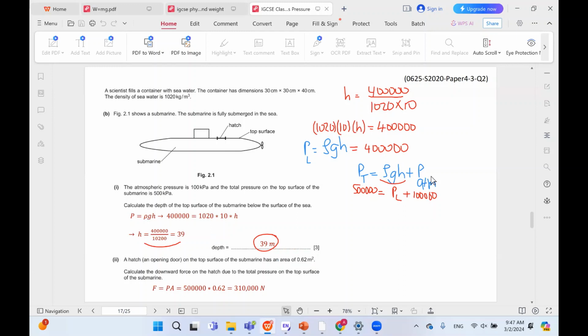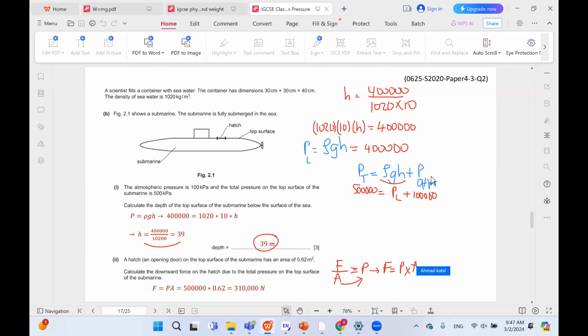In part double I, we are told a hatch on the top surface has an area of 0.62. Calculate the downward force. Of course, we can simply use F over A equals P. We can take the A to the other side. We can say F equals P times A, pressure times area.